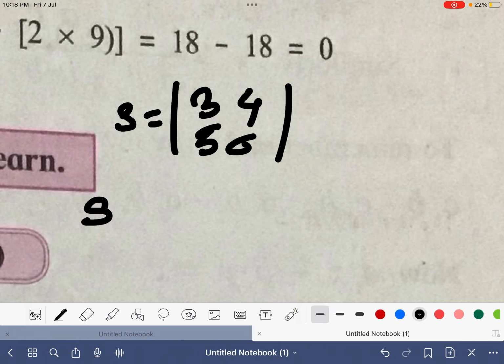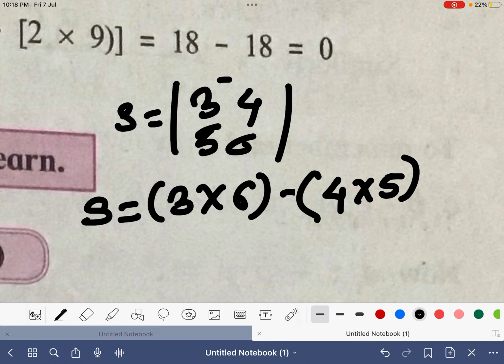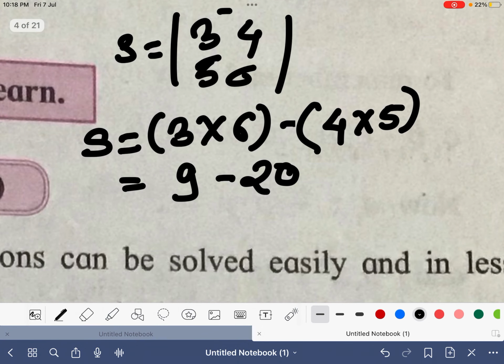So therefore s is equal to 3 multiplied by 6. Now always we have to put a minus sign in between these two operations, into bracket 4 multiplied by 5. Now let's solve this. 3 6s are 18 minus 5 4s are 20. Clear? Now let's subtract these two numbers.